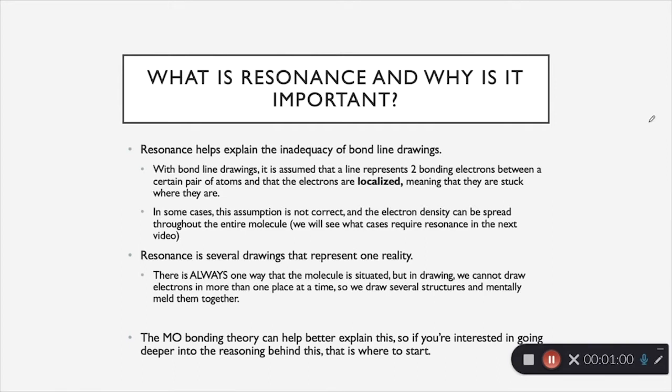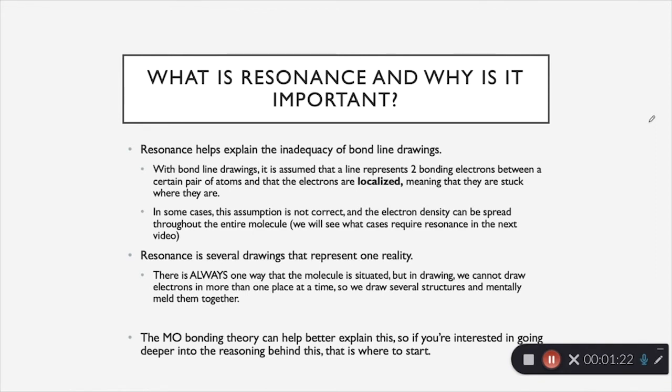There's always one way that the molecule is situated, meaning that the electrons that are delocalized are always going to move in the same way. It's not like the resonance drawings are three different ways. It's all one way, but it's a way that we can envision as three different drawings and put in our minds as one.